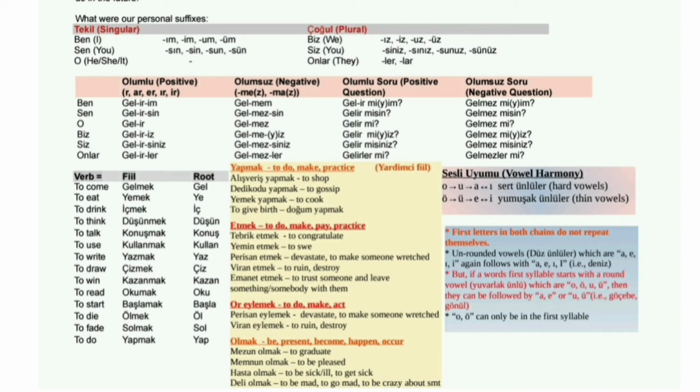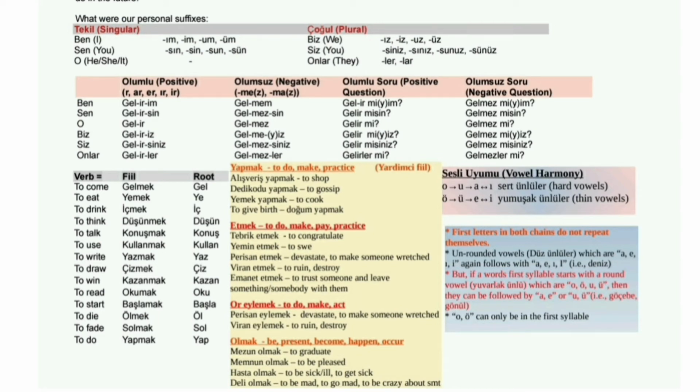So, let's learn some other verbs and perhaps you can try yourself with these verbs, how these verbs are going to change according to the time, or positive, negative, or positive question or negative question forms. So, to eat, yemek.